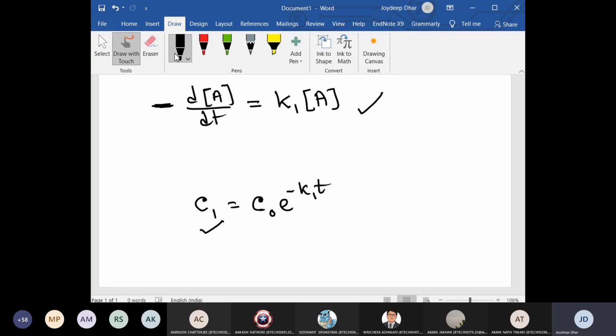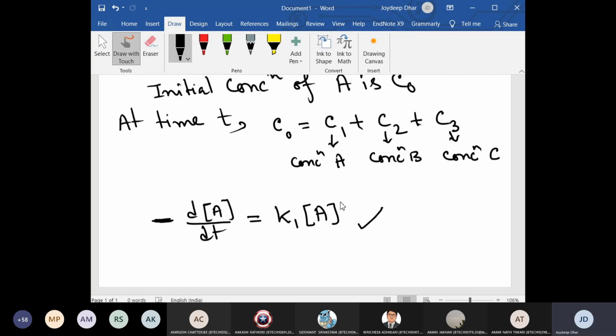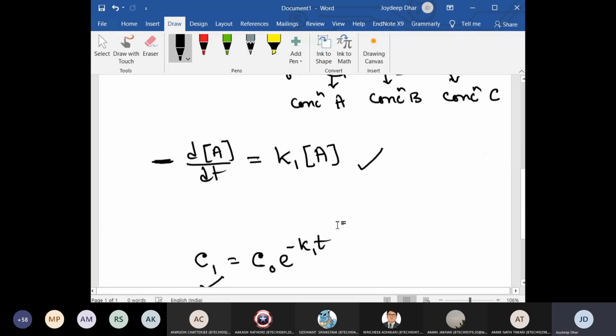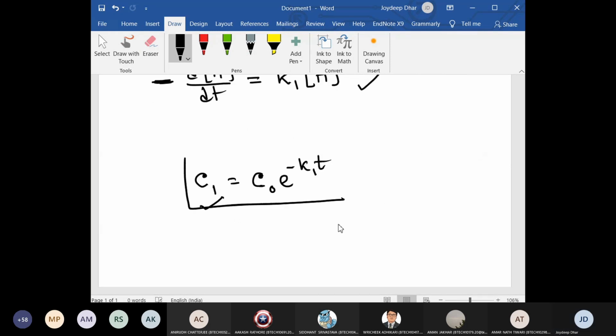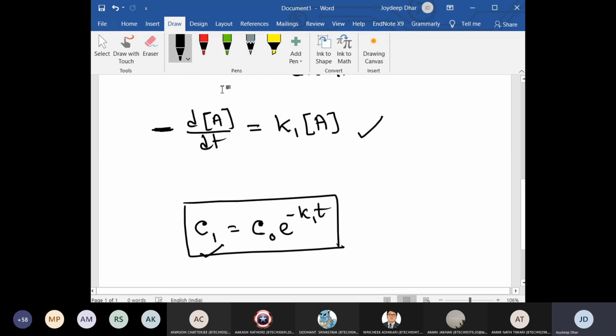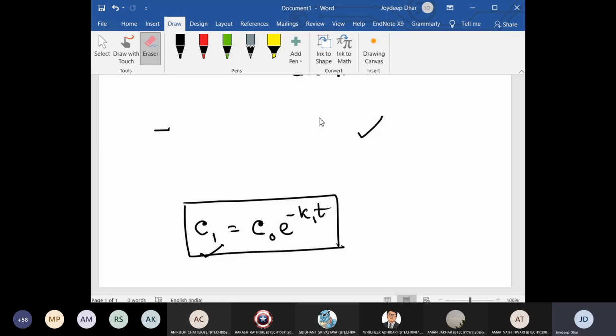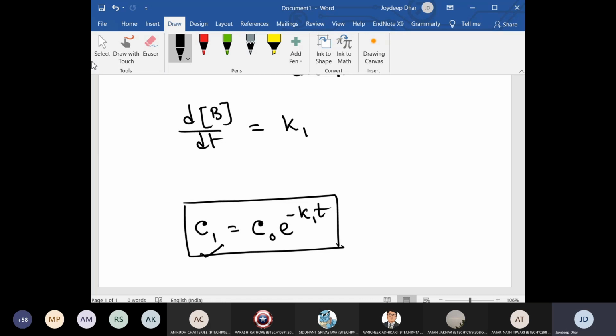The concentration C1, as I already told, will be related to the initial concentration by this form: C1 equals C naught e to the power minus K1 T. Now my next step is the calculation of the concentration of B. I already told dB dt, you can write K1 into C1 minus K2 into C2.